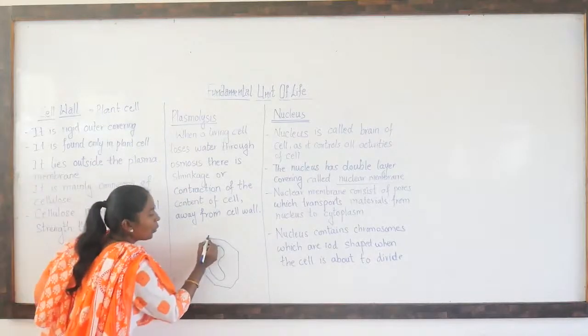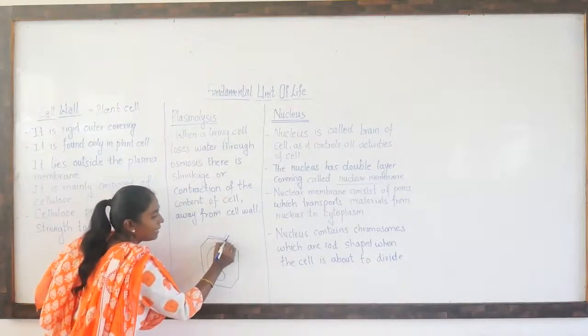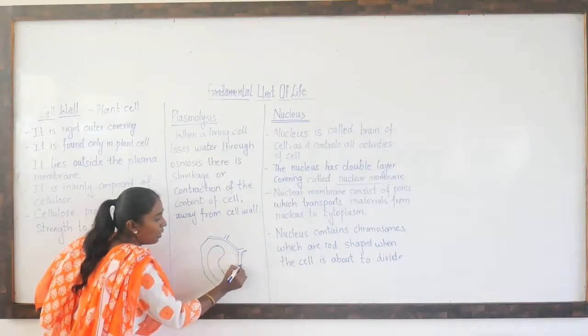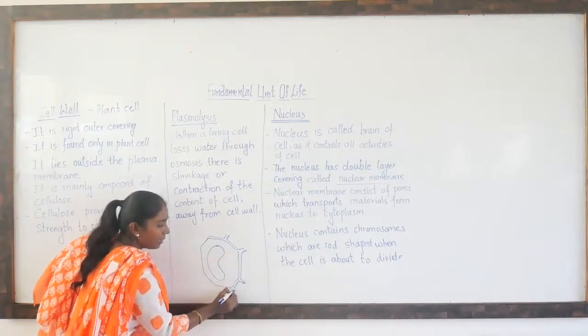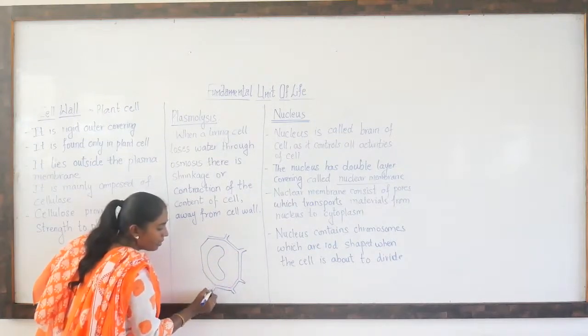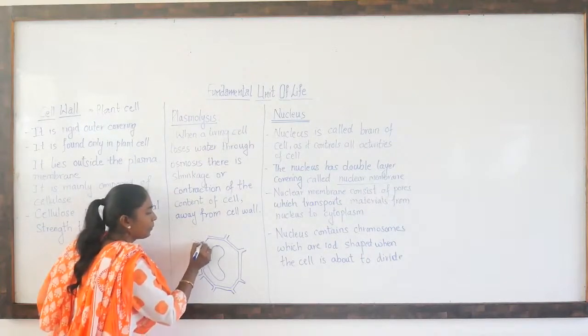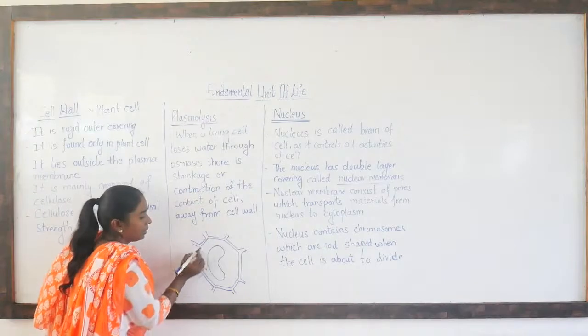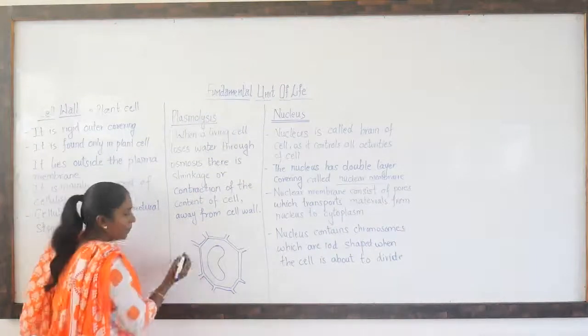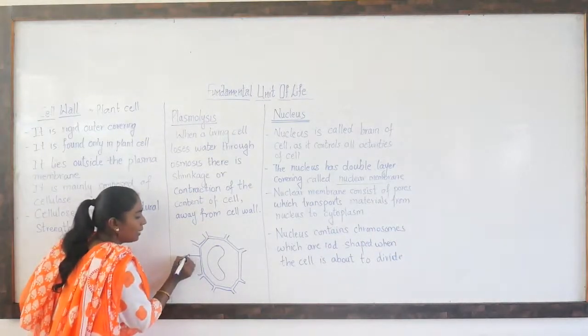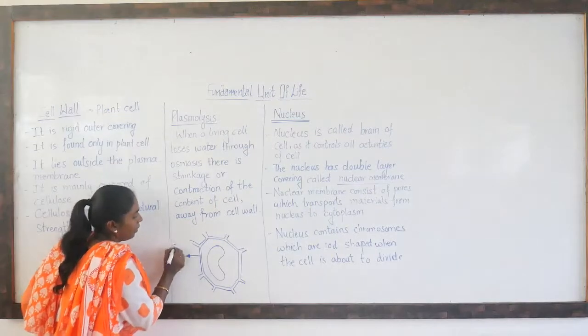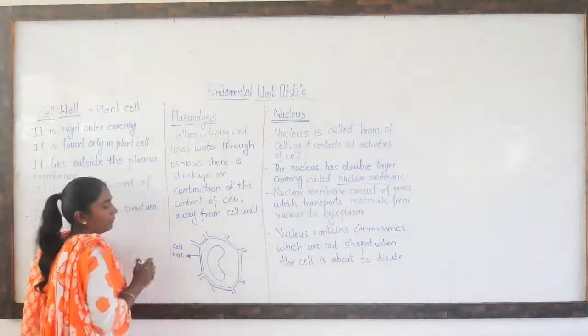The outer wall in a plant cell is called as a cell wall. Inner one is plasma membrane, the outer one you call it as cell wall.